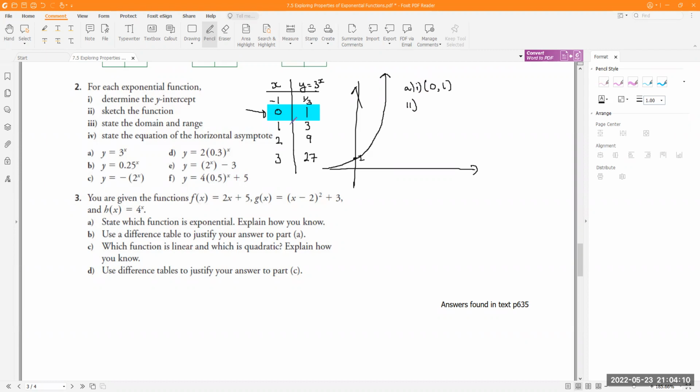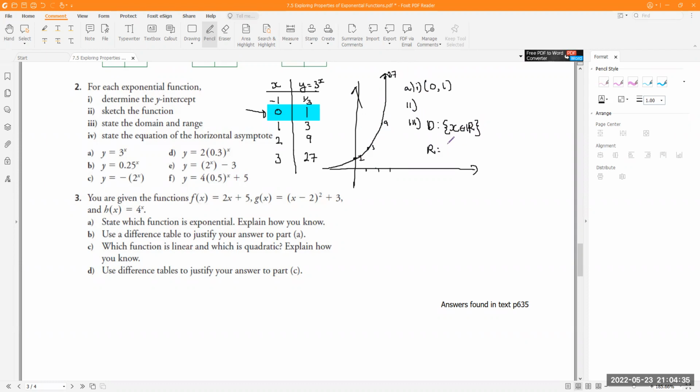Part B. Sketch the function. Well, I did. That's a 1. That's a 3. If that's a 2, that's a 9. If that's a 3, that's a 27. Okay. State the domain and range. Domain, just like we did on Friday, it can be anything.